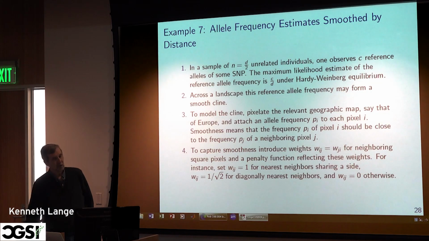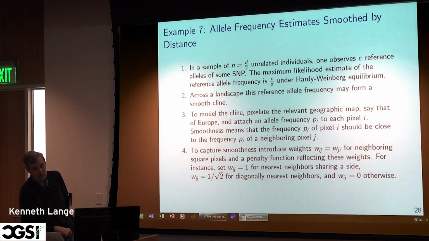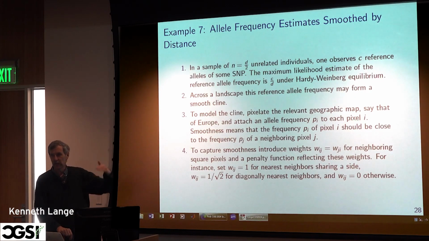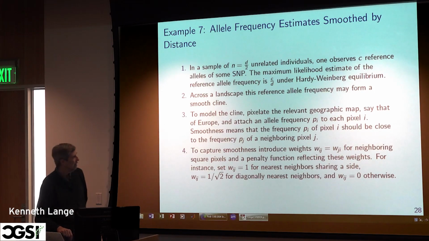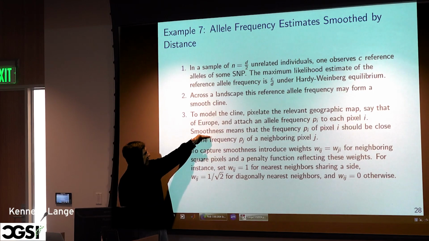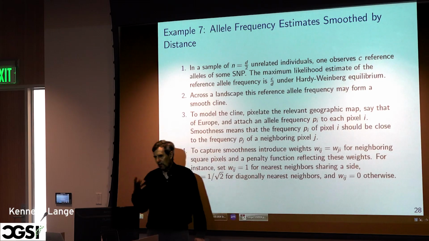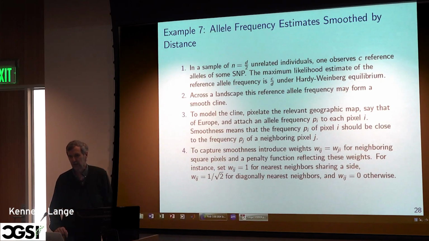So we want to estimate the allele frequencies, say of the reference allele, across the landscape. And we do it by maximum likelihood, but we add in smoothing. Smoothing allows you to generate what's called a cline across the landscape. Basically, your allele frequency for a given pixel should be close to the allele frequency of a neighboring pixel.